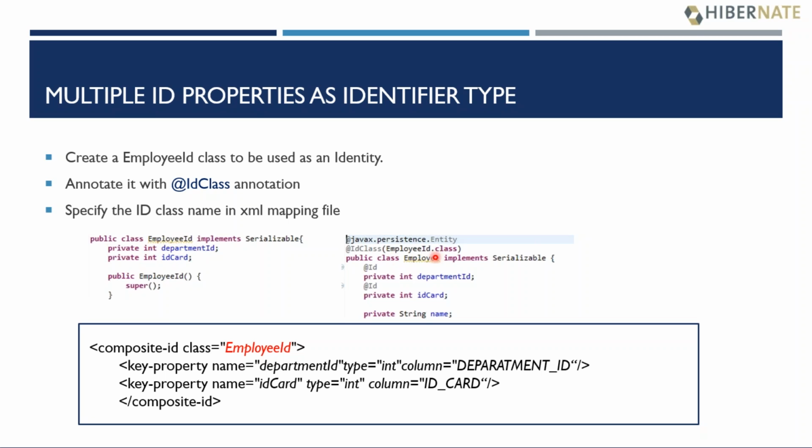Next, you're creating a class by name Employee that has got department ID, ID card, name, F name, etc. Now if you want to tell Hibernate that this class has the composite primary key, you have to annotate the class with the @IdClass annotation, EmployeeID.class. Composite ID class is equal to EmployeeID in the same way.